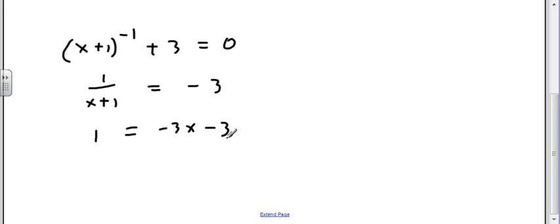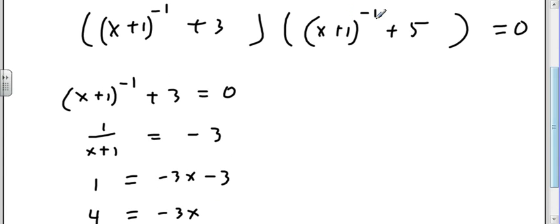The minus 3 goes on the other side of the equation. 4 is equal to minus 3x. x is equal to minus 4 over 3. Okay, if I put minus 4 over 3 over here, I'm going to get a minus 1/3. 1 over minus 1/3 would be 3. So that guy's going to check. So that's good.